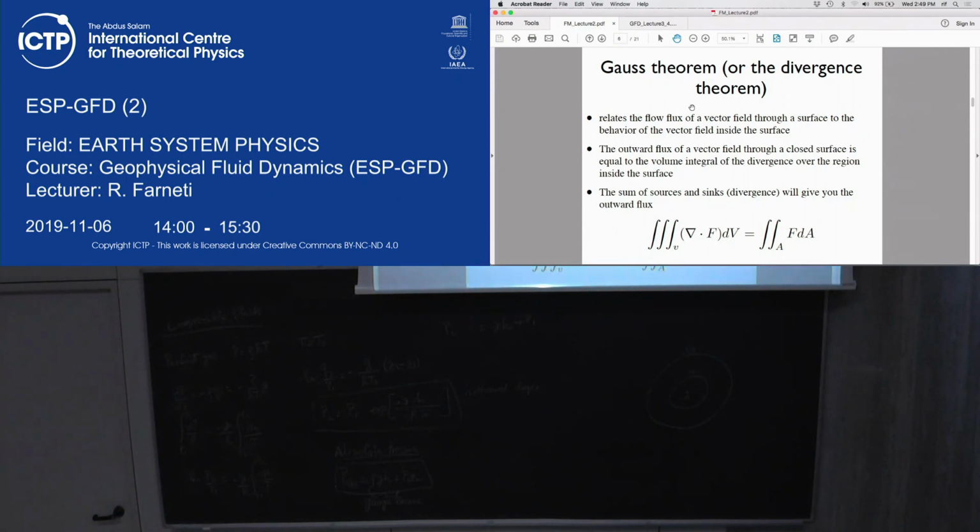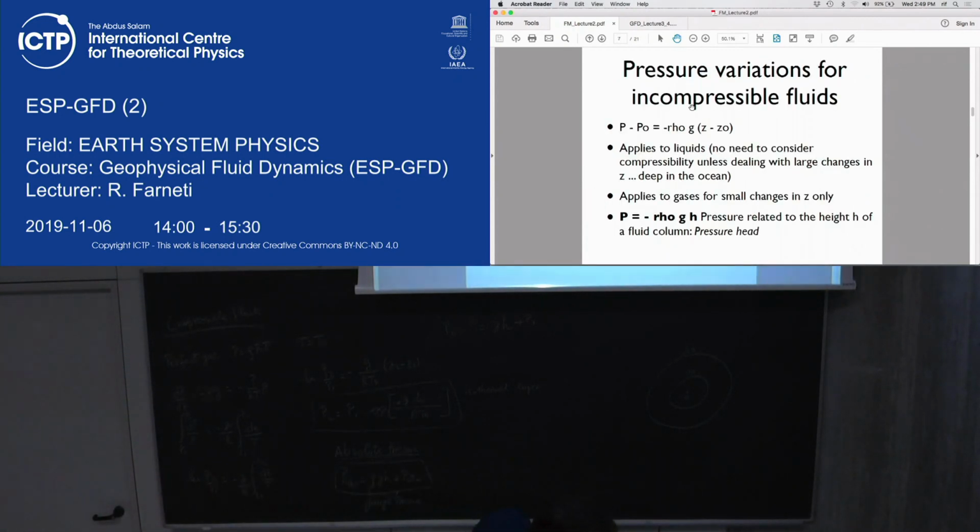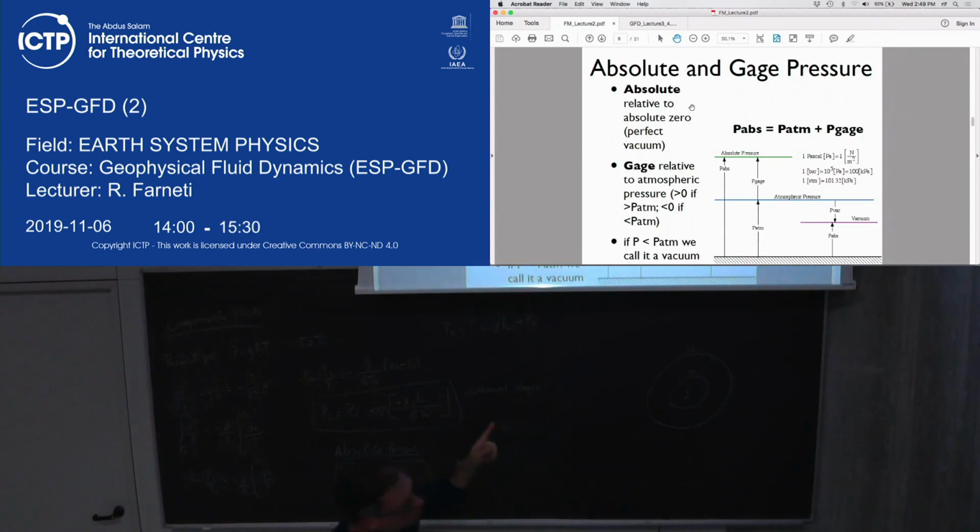Well, maybe this is going to help you. For incompressible fluid, P minus P0, your reference level, applies to liquids. Pressure related to the height H of the fluid, that's the pressure head. Maybe you were mentioning this: the difference between absolute and gauge pressure.